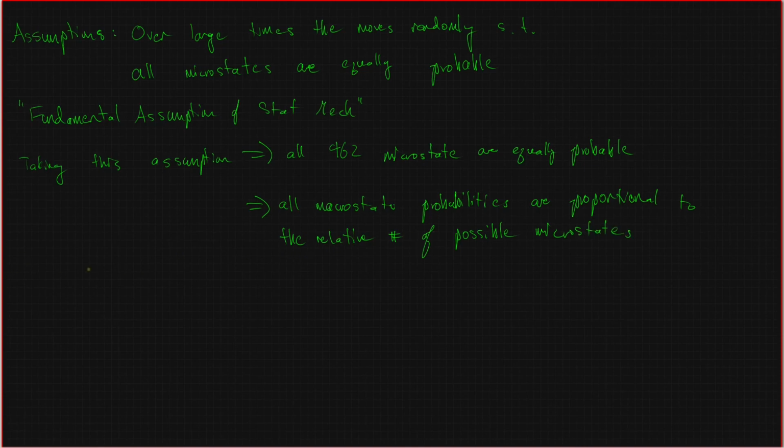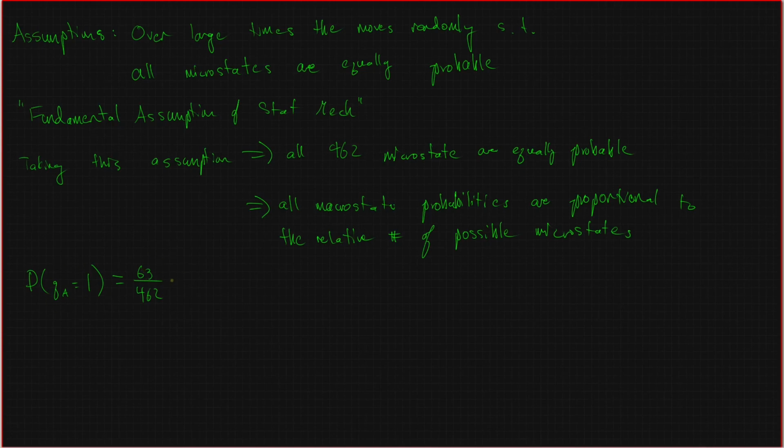So for example, if we want to calculate the probability of QA equal to 1, in our system before, we had two Einstein solids. If we want to find the probability for a macrostate where the first Einstein solid only has one unit of energy, then this would be 63 over 462. We had calculated the total number of microstates available, and now we're using the same multiplicity formula to calculate the multiplicity specifically for QA equal to 1.